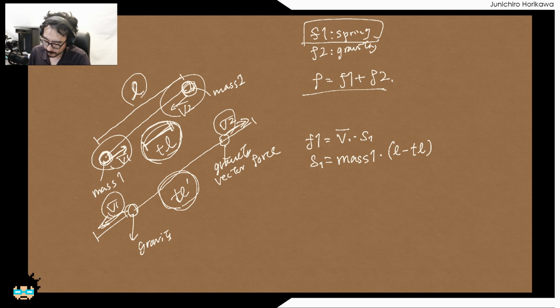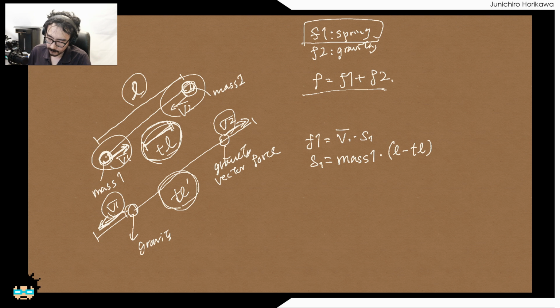If the current length is larger than the target length, then it should go inward, and let's make this a positive value. If the length is smaller than the target length, then this will be negative. So in this case, let's go to the negative direction, which means it's outward. So inward direction is the positive direction, outward direction is the negative direction.